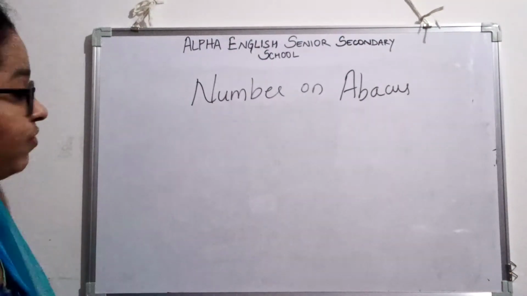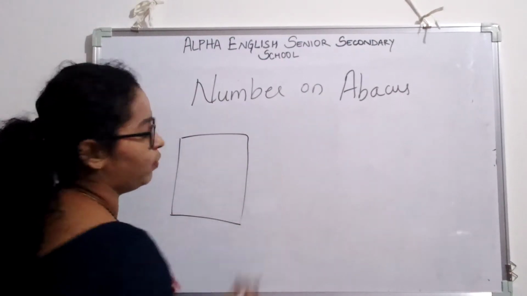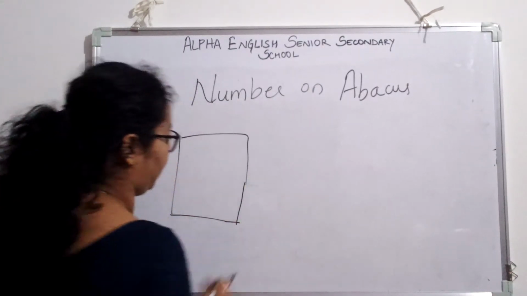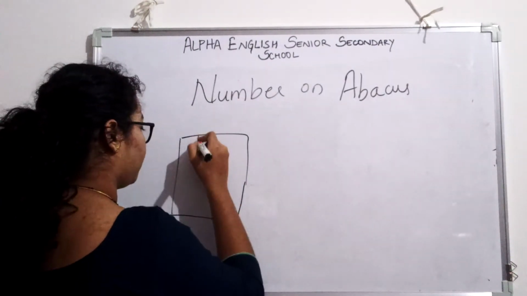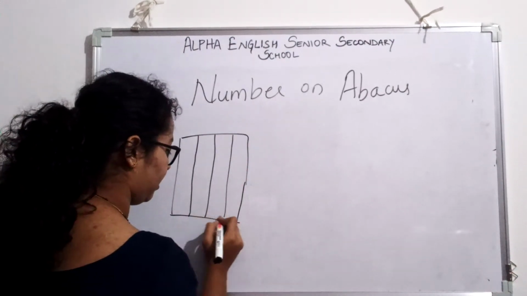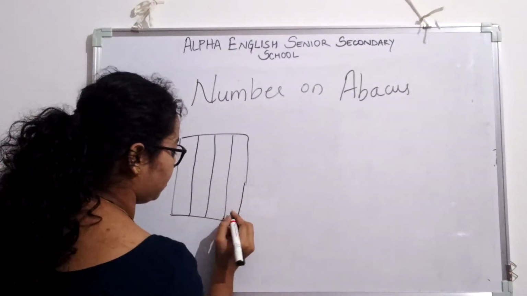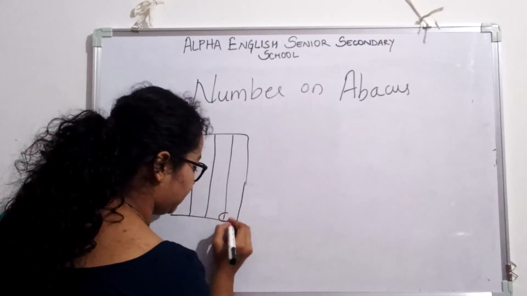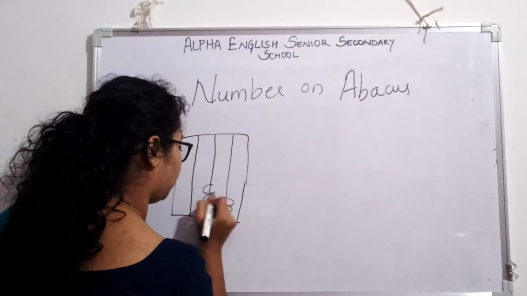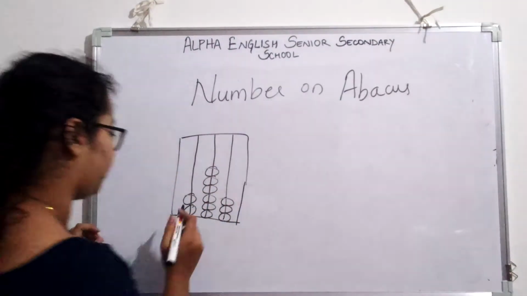First start by drawing a simple abacus, no need to do a full artistic thing. Then just draw 3 strings, with 3 beads in one string, 6 beads in another string, and 2 beads in the last string.